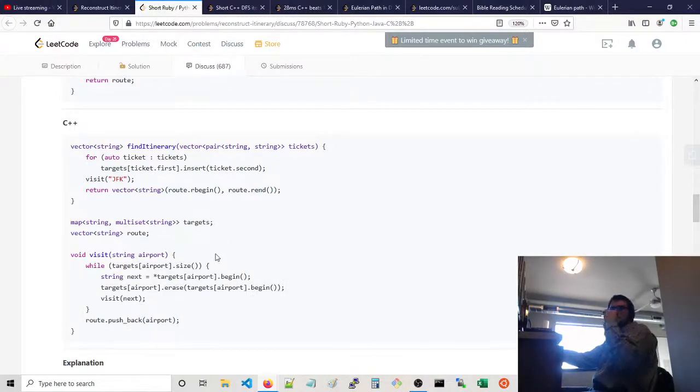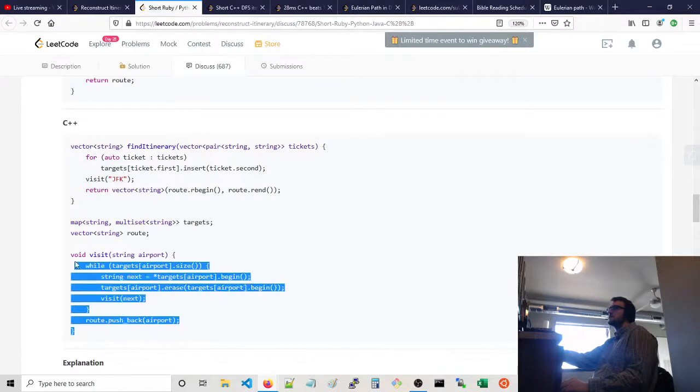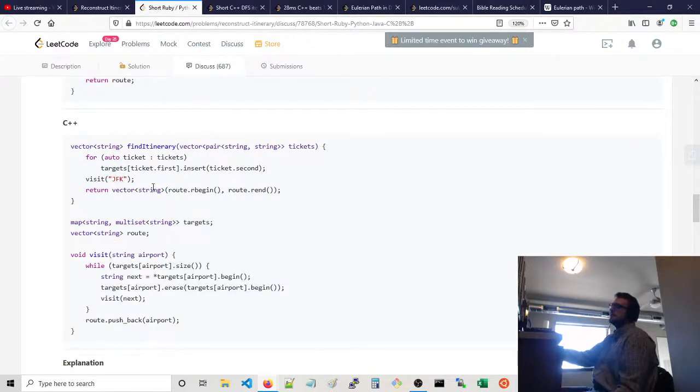In other words, all the memory goes to 0 at the end, so his memory usage is a lot less than mine. It's a linear amount of memory either way, but it's less in practice. It's also a much simpler implementation. This is super simple, but it's very similar to what I did. So I'm glad it's at least similar.